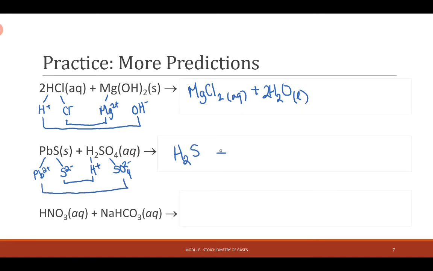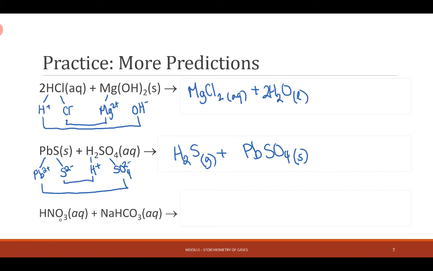And then PbSO4. Now let's check those solubility rules for PbSO4. PbSO4 is going to be insoluble, so that's going to be a solid. And then H2S is one of those gases that we're supposed to recognize from the previous page. So we do have a gas evolution reaction.